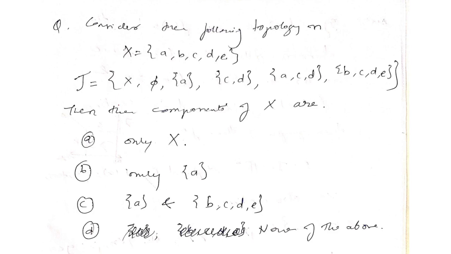Can you just justify why option C? You are saying that singleton {A} and the set {B, C, D, E} should be the components.